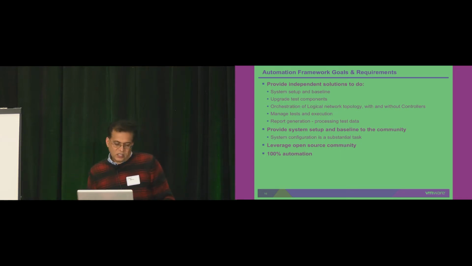The different sub-problems are: system setup and baselining, then upgrading the test components to the right version numbers and build numbers, then setting up the logical topologies, managing and executing the tests, and then lastly, collecting reports and processing the data, pushing it to a database, and so on. So these are the different steps in any testing framework.